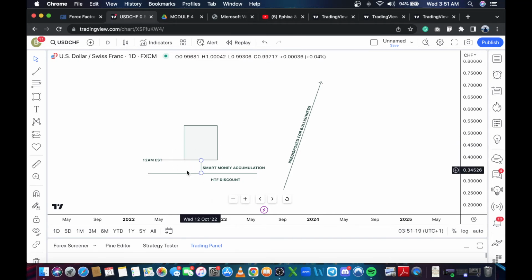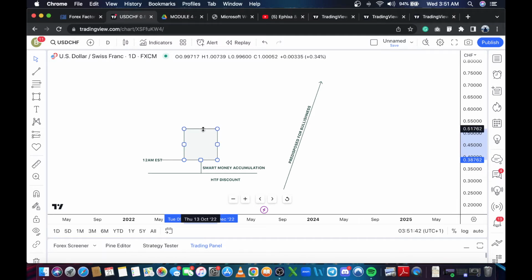The run lower below that midnight price, or 12 a.m. candle, or 12 a.m. opening price, that's smart money accumulation. And then as price starts to expand during London session, it'll expand around 50% of the range. Generally it's around 30 to 60% of the range that will be done during London session.